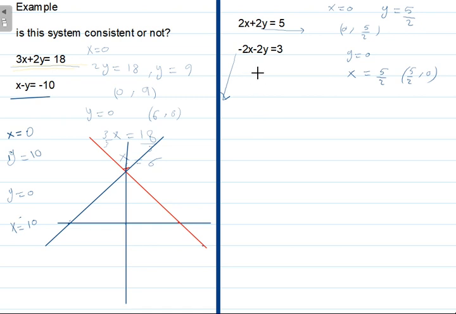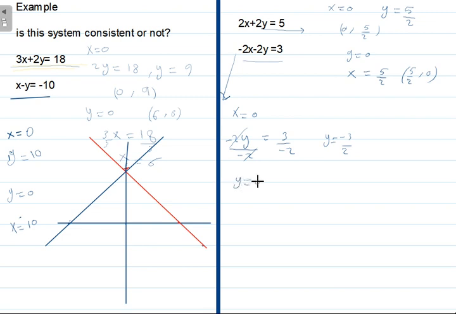I will take 2 points on this other line. When x equals 0, then minus 2y equals 3, divided by minus 2 on both sides of the equation, then y will be minus 3 over 2.